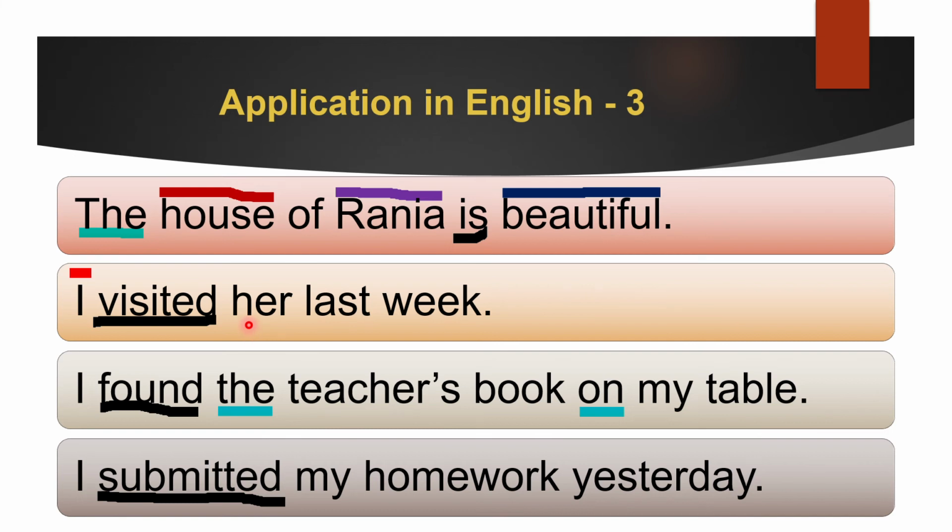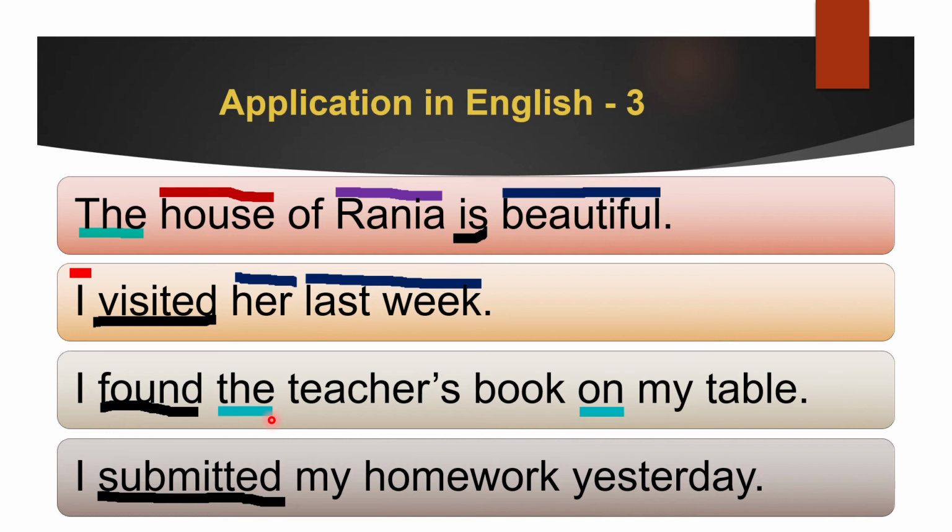I visited her. Therefore, her is a nasab. Next you can ask, when did you visit? And the answer will be last week. So see, when, where, how, whom did you visit, all these questions are what's giving us the nasab. So we need to ask the right questions.